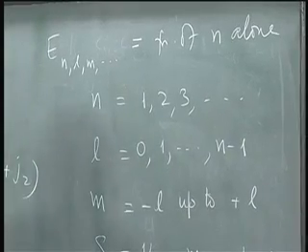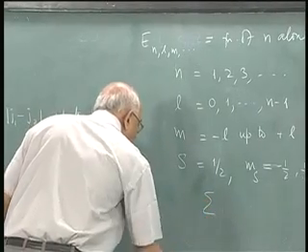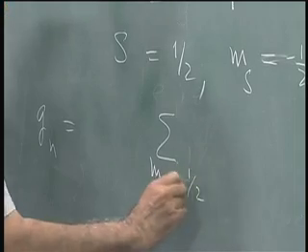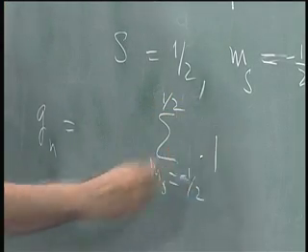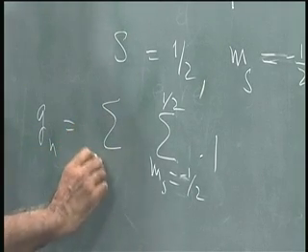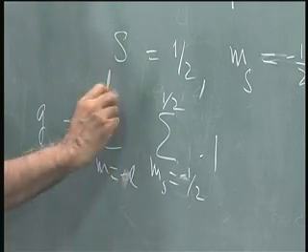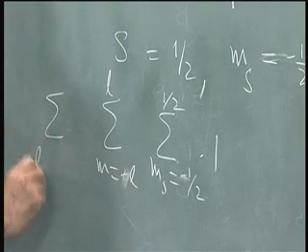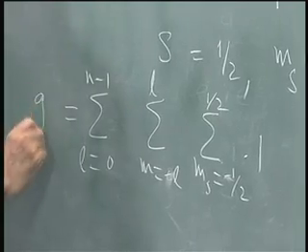Therefore, this Gn is equal to the number of possibilities over m sub s, equal to half, minus half, up to plus half, times 1, because that is the number of possibilities you are counting, the number of possibilities for m equal to minus L up to plus L, and then you have to count the number of possible values of L from 0 to n minus 1, and this is equal to Gn.